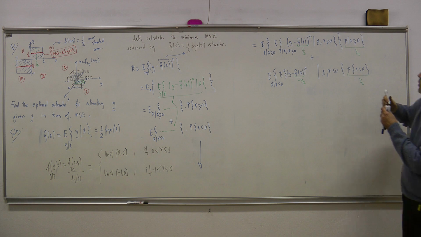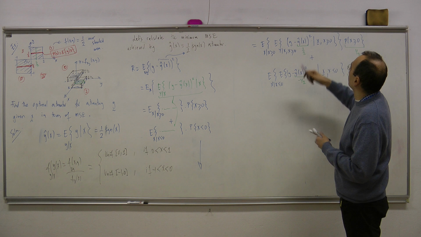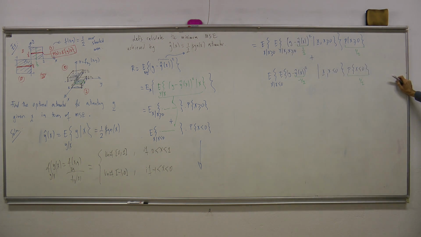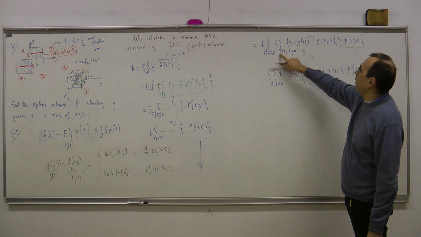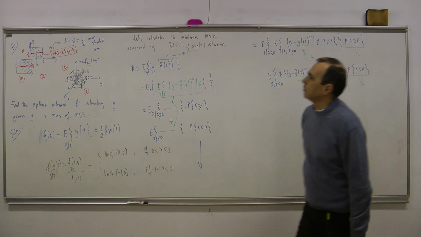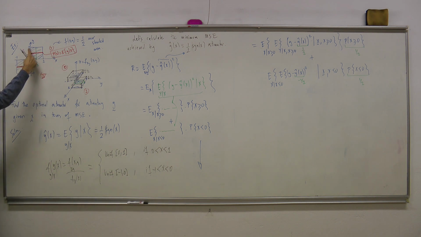Okay. So how about this? Y minus 1/2. Now I should calculate this inner expectation. Y minus 1/2 square. So you can see that this is an expectation over y, but conditioned on x is positive. So essentially you are taking uniform distribution.